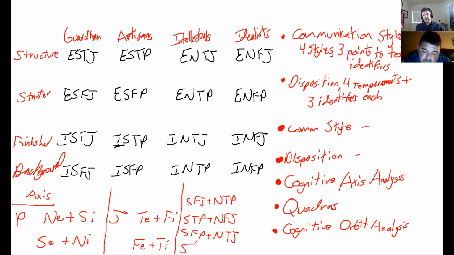And then STJ plus NFP. So these are the quadras. Super important. So cognitive axis analysis is super important because when you're talking to somebody, their sentences actually equal a cognitive axis.